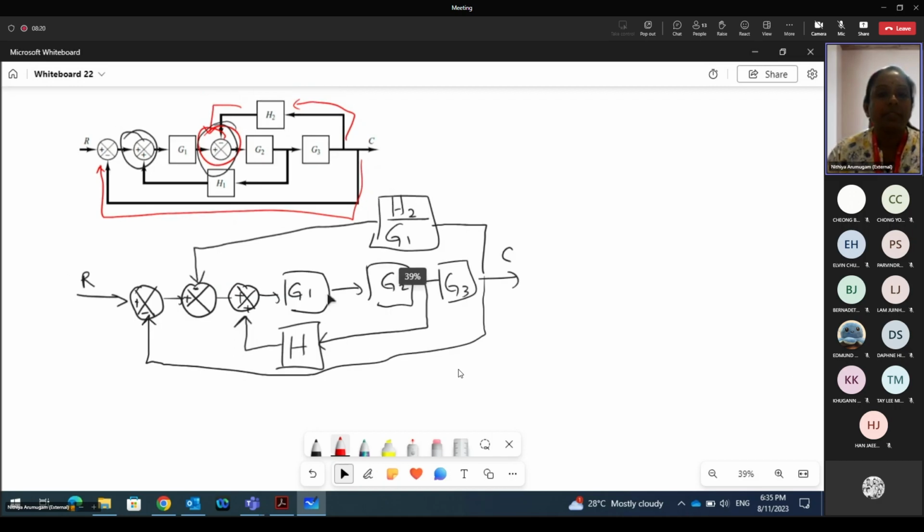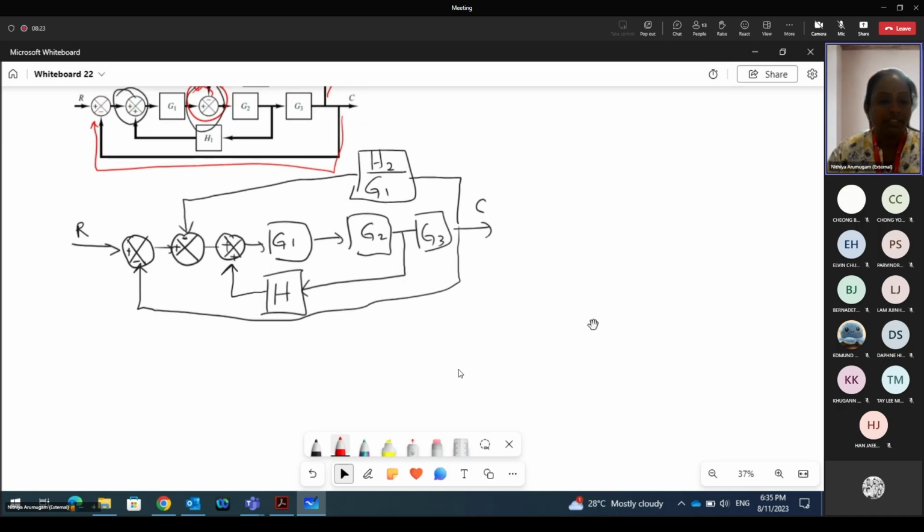Now, secondly, we want to eliminate the positive feedback loop, the one at the H1 position. Since it is parallel between G1 and G2, we're going to include everything at this position.